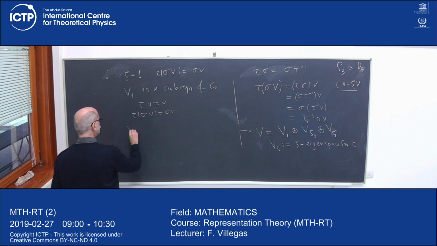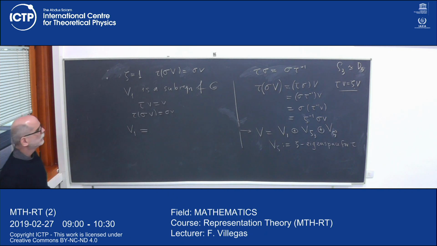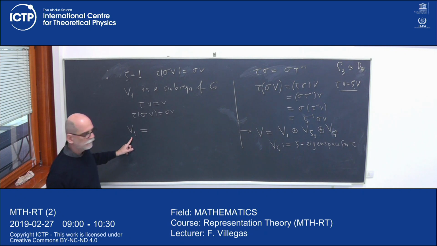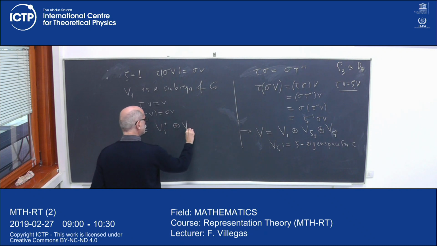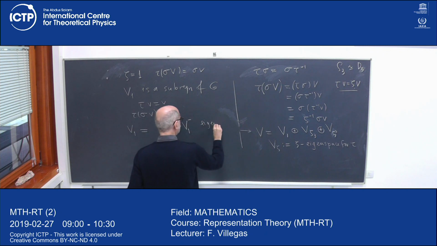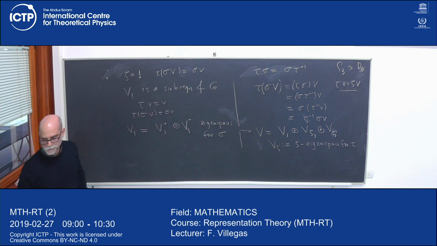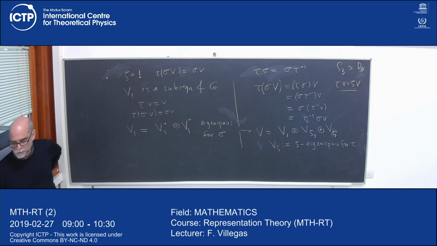But how about sigma? Sigma is an element of order 2, and it acts on V1. So by the same argument, it breaks up as eigenspaces for sigma. Sigma is of order 2, so it has two possible eigenvalues, 1 and -1.